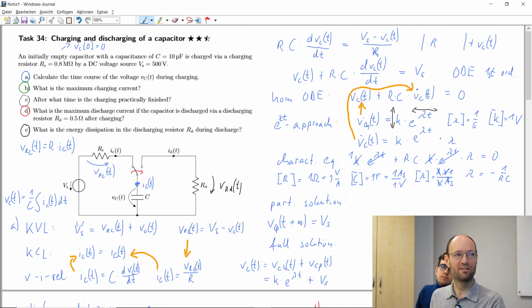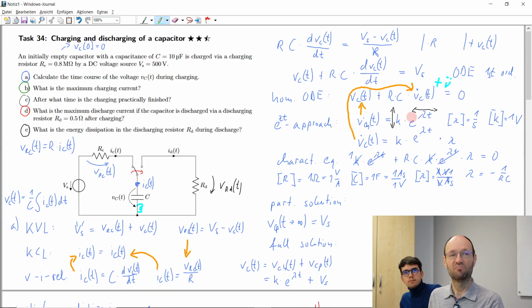And the last short thing that we might discuss, and we have already discussed it at the beginning a little bit: what would happen if we would have a second element here, for example, like an inductor? Yeah, we would get some second order differential equations, so we would get something where we have plus v double dot.